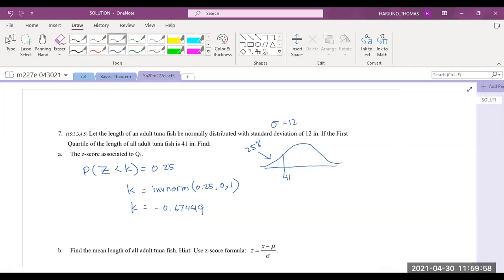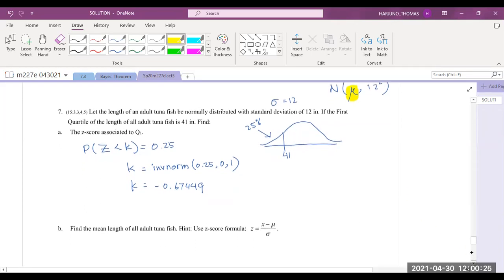You have a normal distribution with known standard deviation. The standard deviation is known, so the variance is also known, but the mean is unknown. Can you find that mean, if instead of the mean, they give you the first quartile is 41 inches? So we first find the Z-score and then use the Z-score formula.